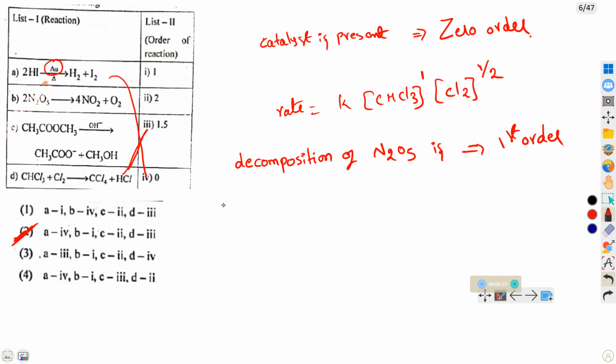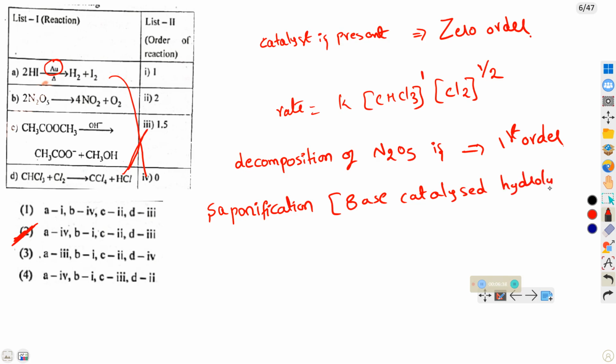So this is also considered as saponification. Saponification is nothing but base catalyzed hydrolysis. Base catalyzed hydrolysis of an ester is a second order reaction.